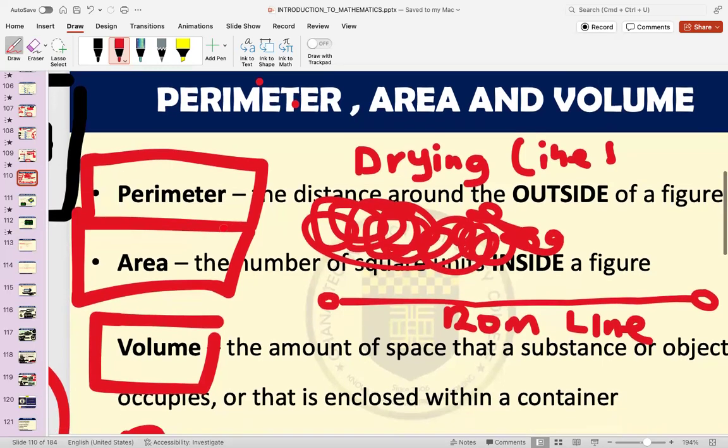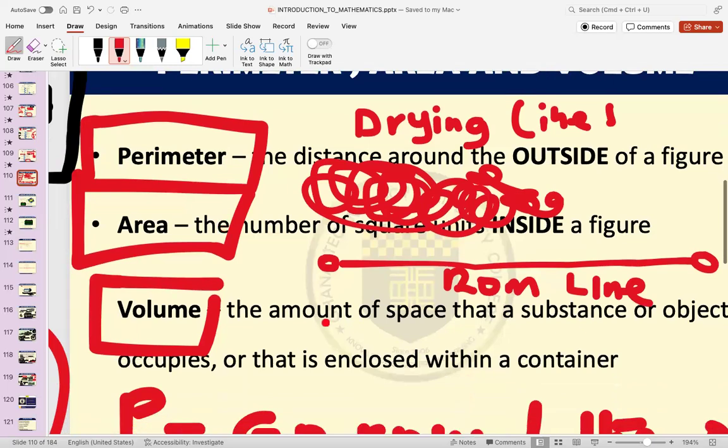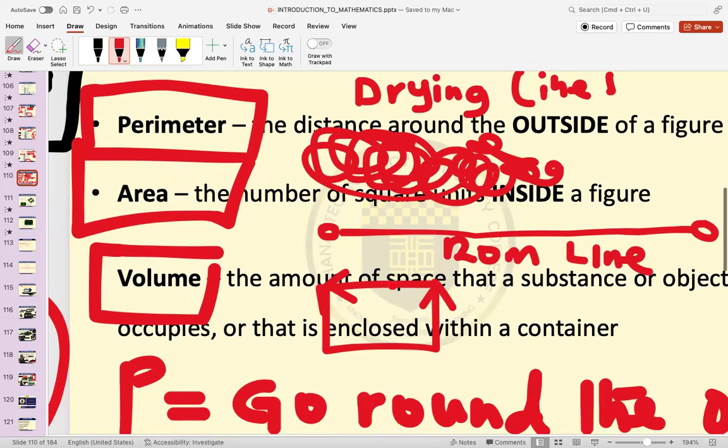Any product that looks like a rectangle, that has only two directions, the length and the width, means you use area calculation to measure it. And anything that has beyond the two, that has length, width, and height, means we need to use the volume calculation to calculate them.